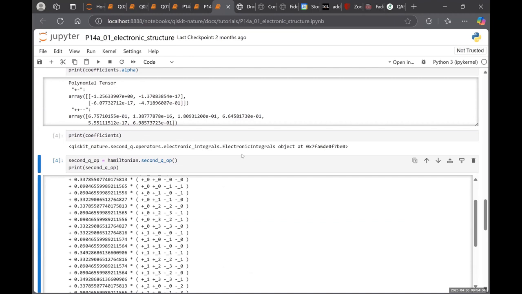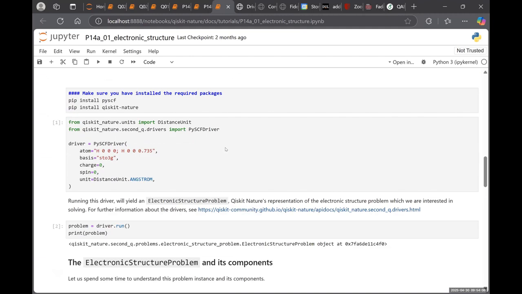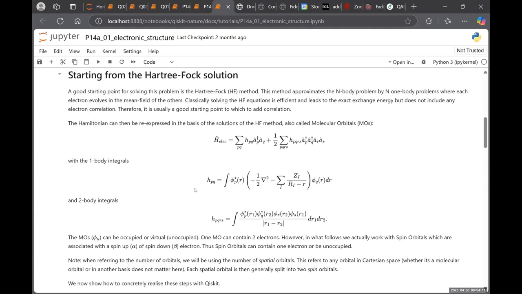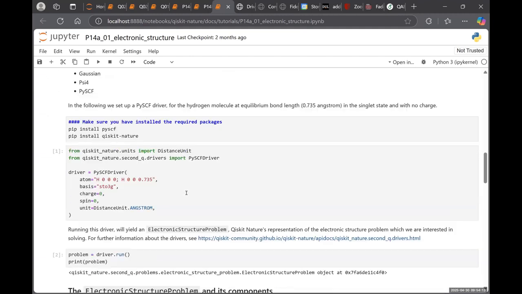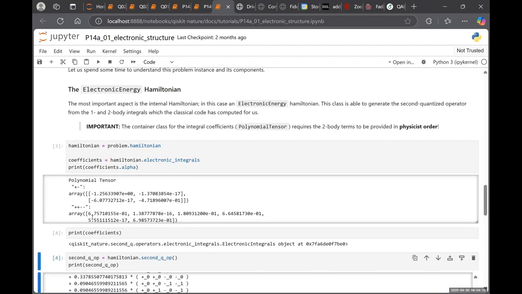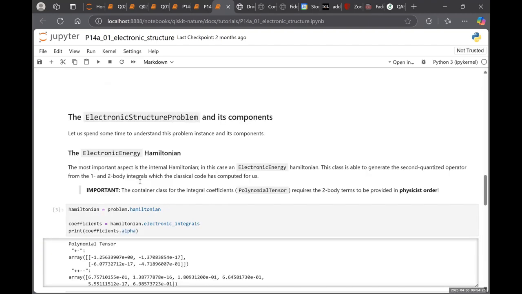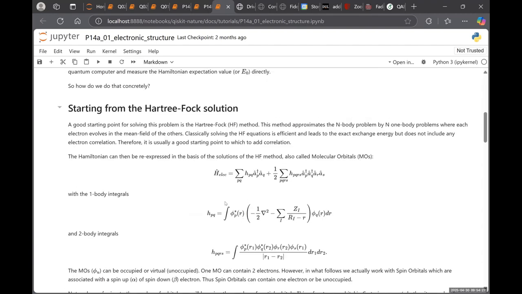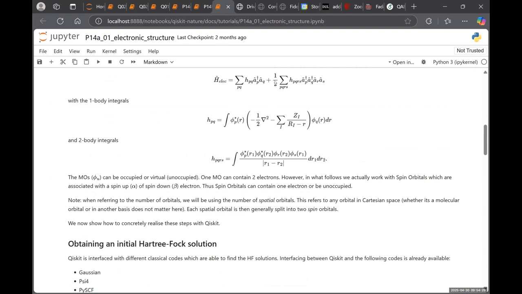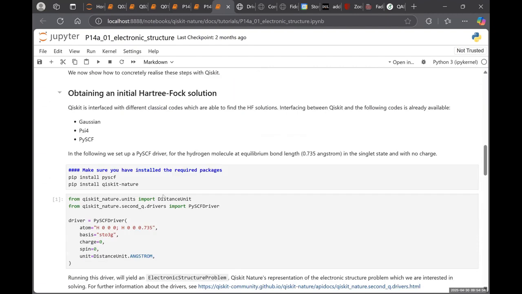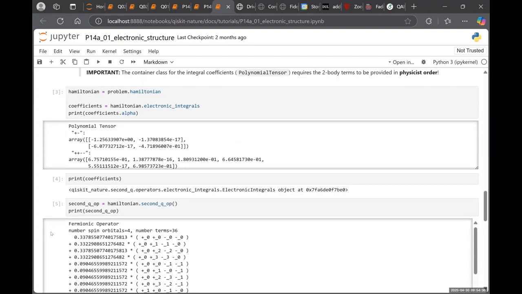This coefficient is an object of electronic integrals, basically this one and this one here. Next, what you do is turn them into a second quantized operator. Basically this one here, with dagger, no dagger, dagger, dagger, no dagger, no dagger. Let's see what it prints out.